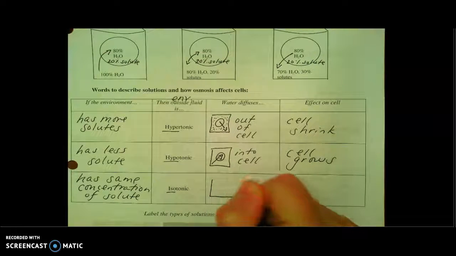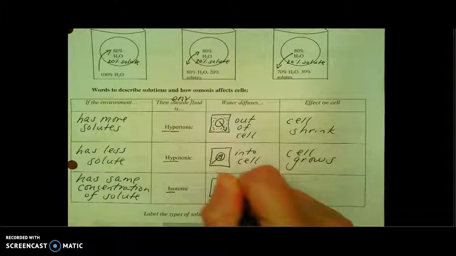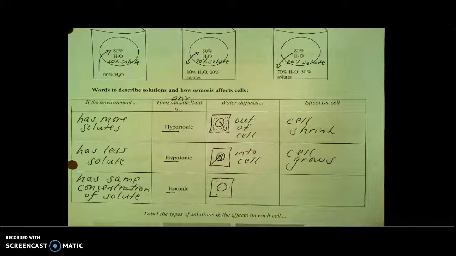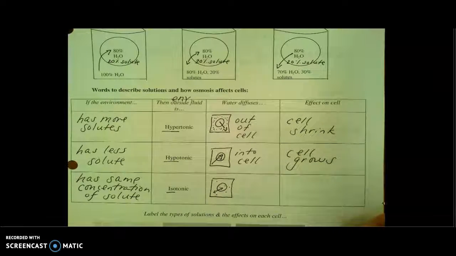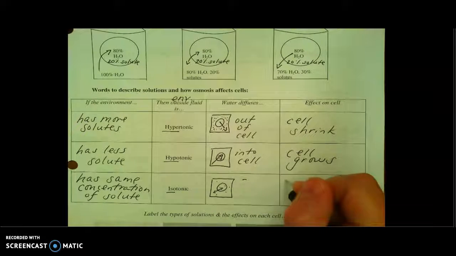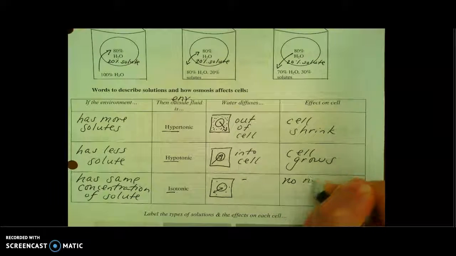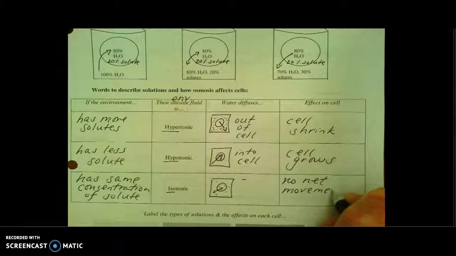To represent this one, I've got my beaker, I've got my cell, and I want about the same distribution of solute inside and out. Notice, since there is not an area with tons of solute, if a little bit of water comes in, a little bit of water wanders out. So really, water is kind of just diffusing in both directions with no overall change. We say there's really no net movement.